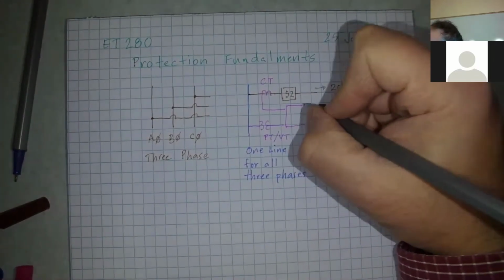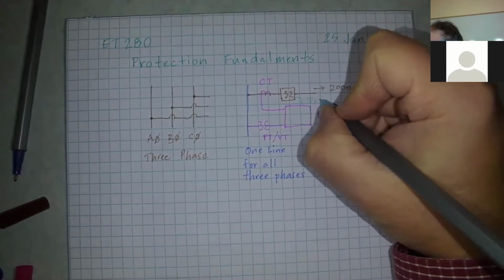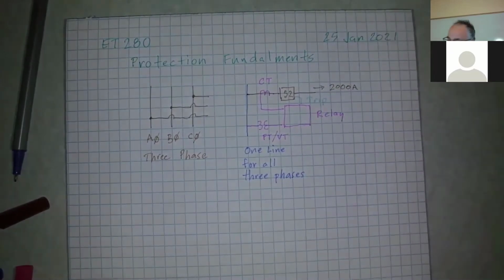So the relay can send a trip signal back to the circuit breaker. Okay.